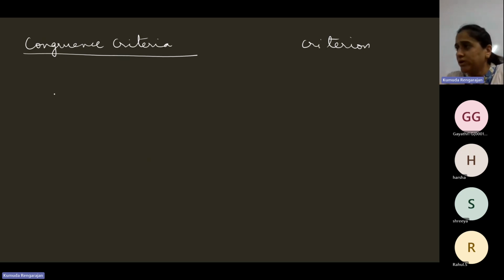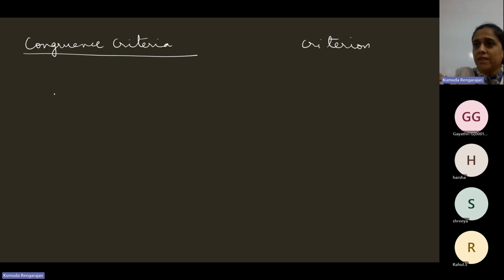So we need three pairs of equalities. Like this angle of the first triangle is equal to this angle of the second triangle. This side of the first triangle is equal to this side of the second triangle. So you need to have three pairs of equalities.